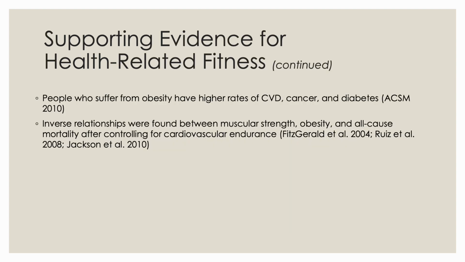Some additional evidentiary support for health-related fitness was done over the last 2 decades. So in 2010, it was found that people who suffer from obesity have higher rates of cardiovascular disease, cancer, and diabetes. Additionally, an inverse relationship was found between muscular strength, obesity, and all-cause mortality after controlling for cardiovascular endurance.